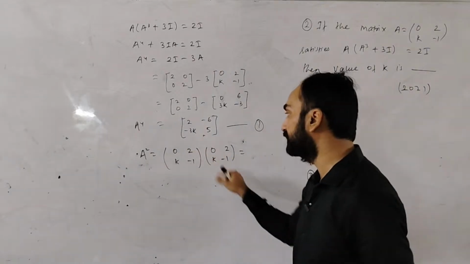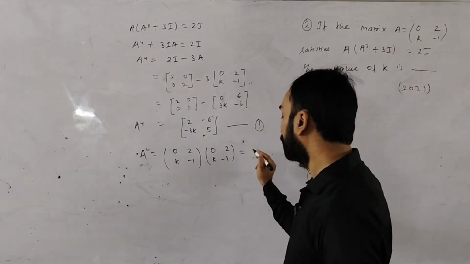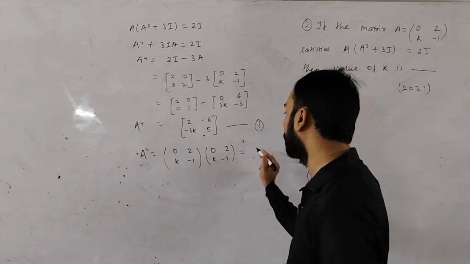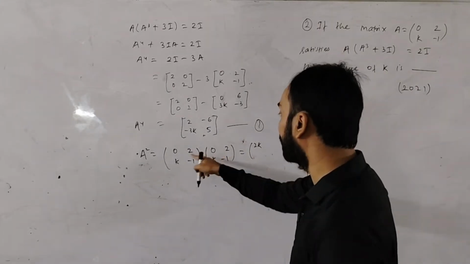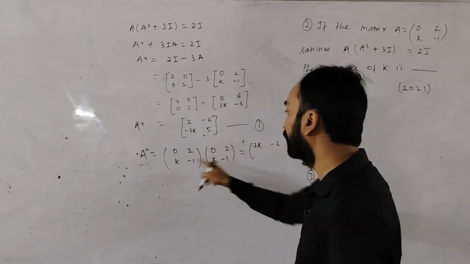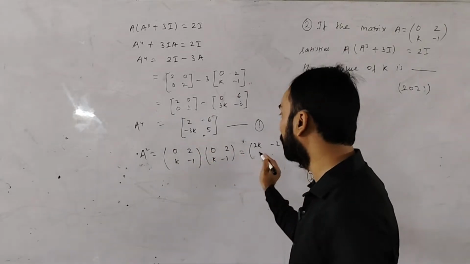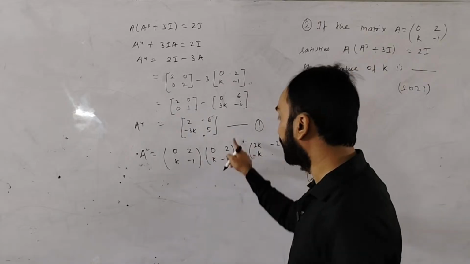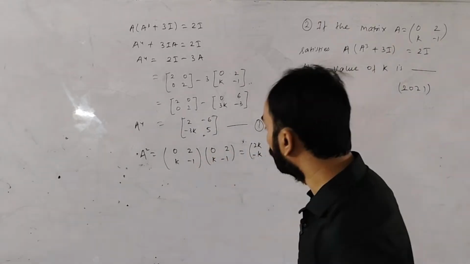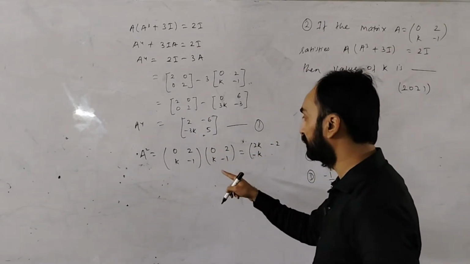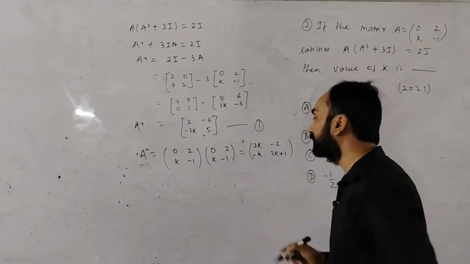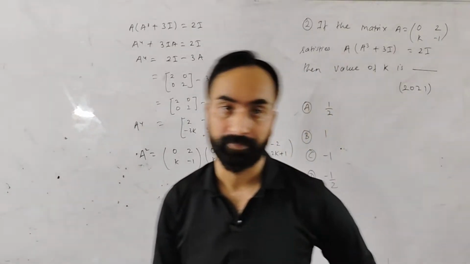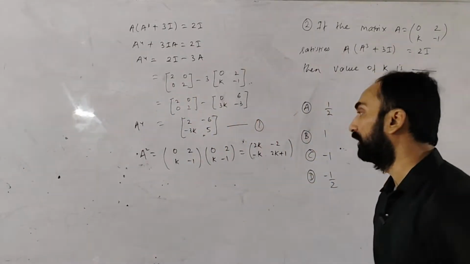First row with first column is 2k, first row second column is minus 2, second row first column is minus k, and second row second column is 2k plus 1. This comes out to be A square. I hope this is correct.